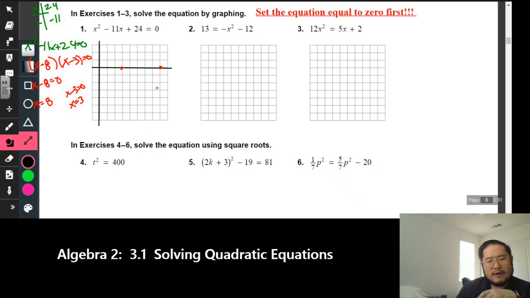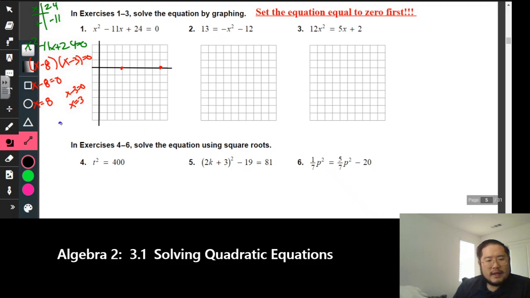Now what I need to find is where the vertex is. It says solve the equation by graphing. The thing is that if you could factor this out, then why even bother graphing? But you guys should know how to graph this. If I want to find the vertex, it's going to be in between the 2 points.